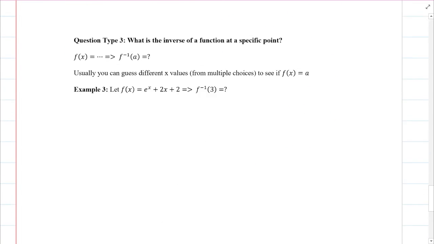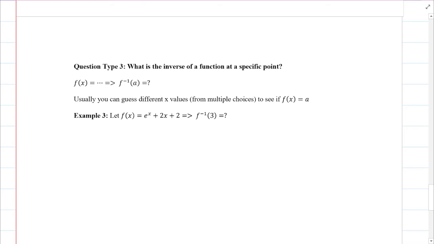And then the last type of question is when they ask you to evaluate f inverse at a point. Now remember that if f of a is equal to b, f inverse of b is equal to a. When they give you this type of question, such as what you see in this example, usually finding the inverse is not easy. Sometimes it is impossible.